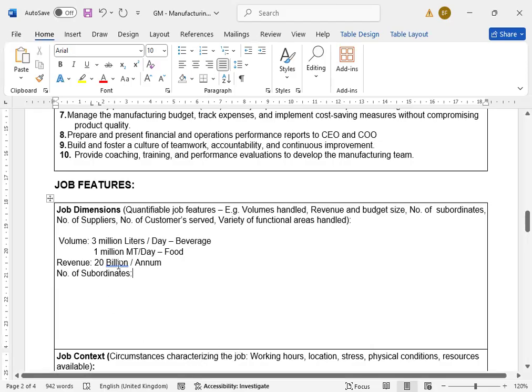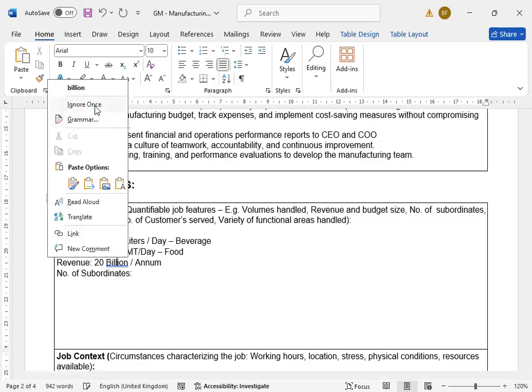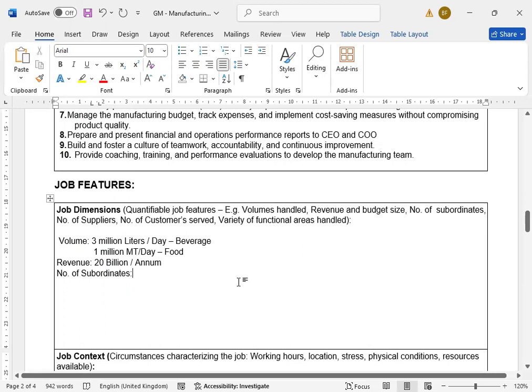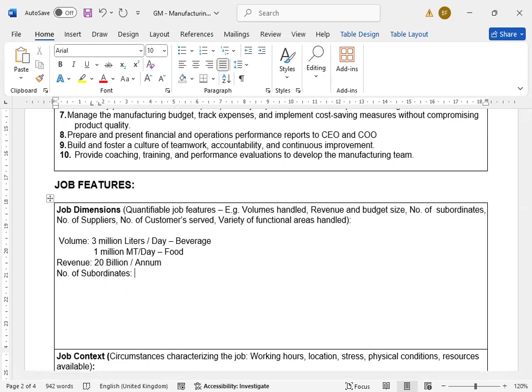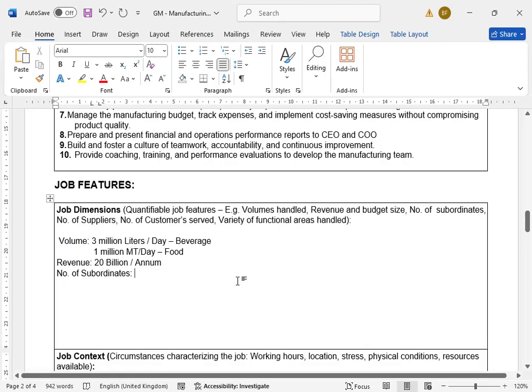I'm talking about all employees: supervisors, superintendents, managers, different kinds of managers, operators, technicians, laboratory technicians, laboratory supervisors, etc.